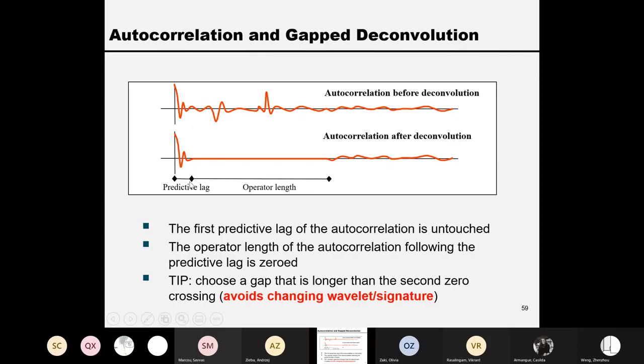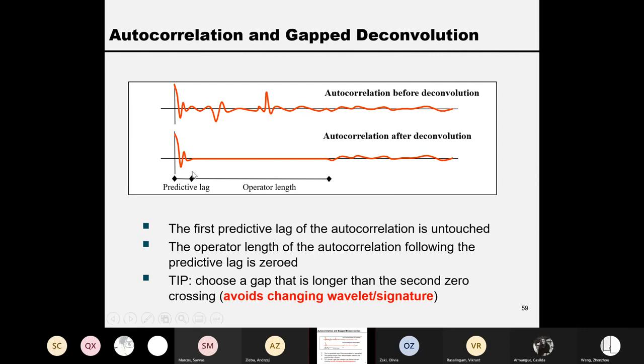And then you have another parameter called filter length or operator length, right? So for predictive deconvolution or gap deconvolution, they have two parameters. One is gap, one is operator length, okay? So after that, these multiples, the first order, second, they will disappear. That's in the autocorrelation display.